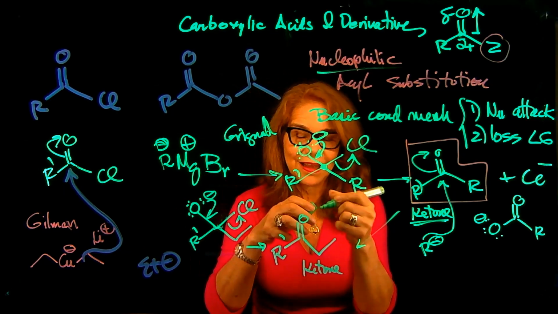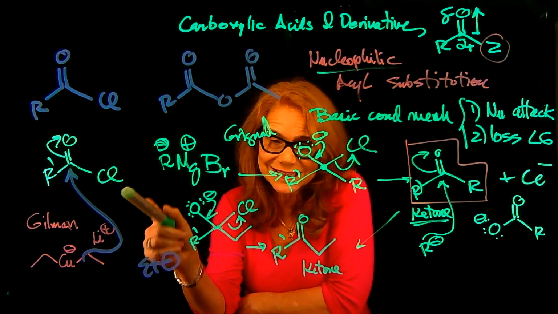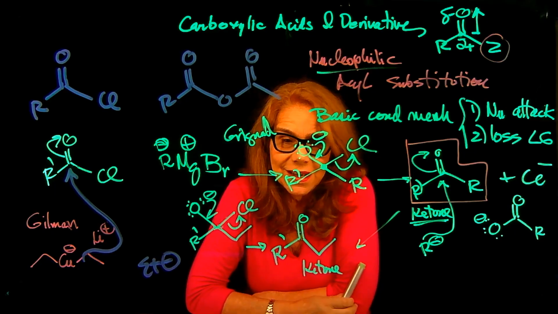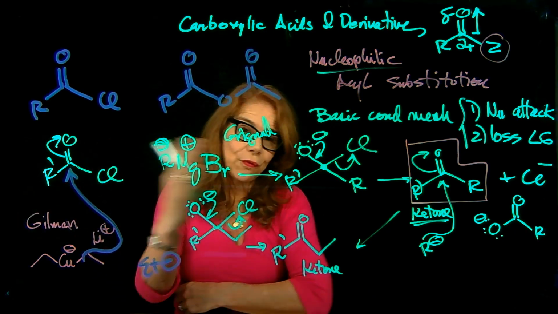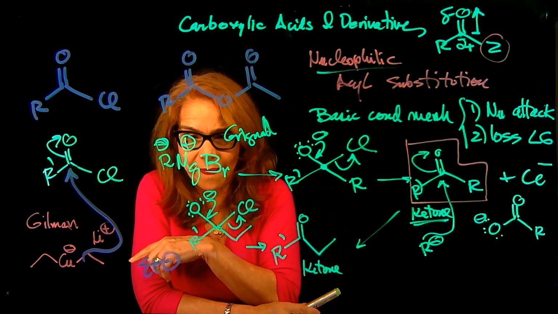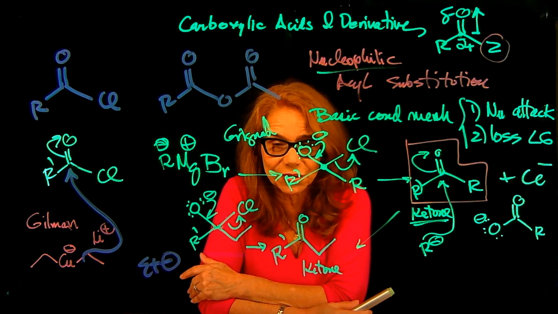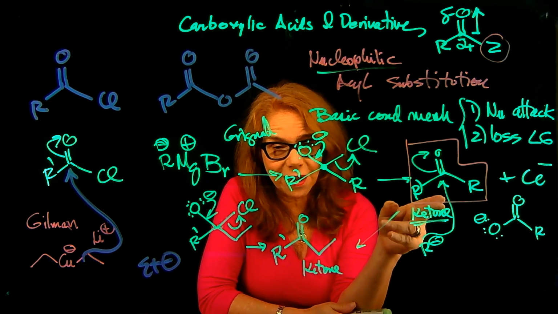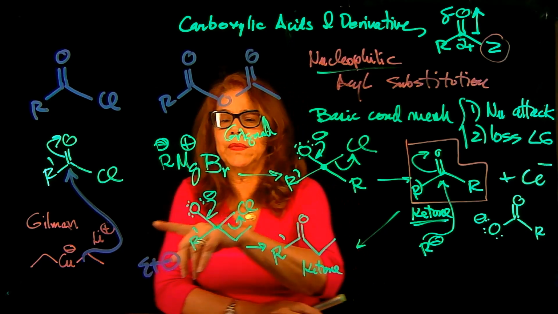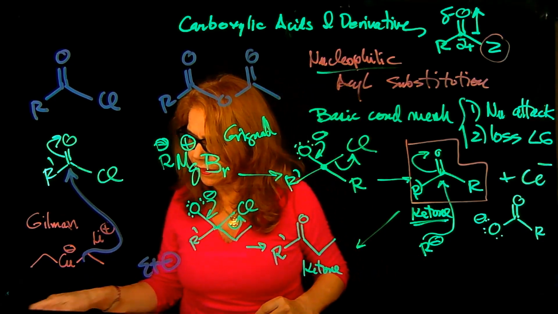So that's your pathway to getting ketones from either acid chlorides or anhydrides. So if you want to do the full reaction, say all the way to the alcohol, then you use Grignard. Because Grignard, as we had learned before, will attack aldehydes and ketones. But if you just want to stop at the ketone and not go from there, then you would use Gilman reagent.